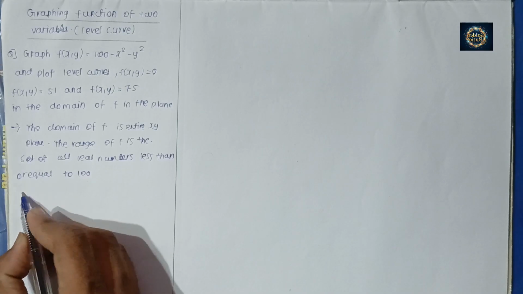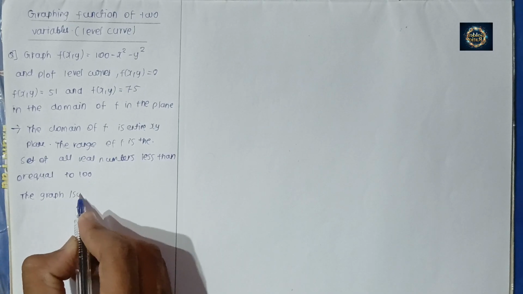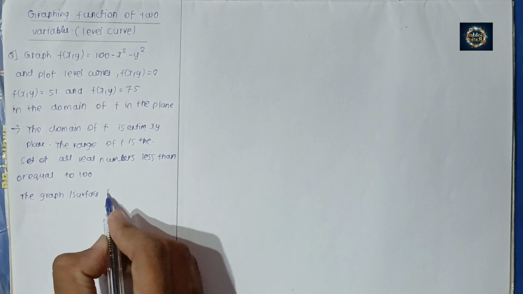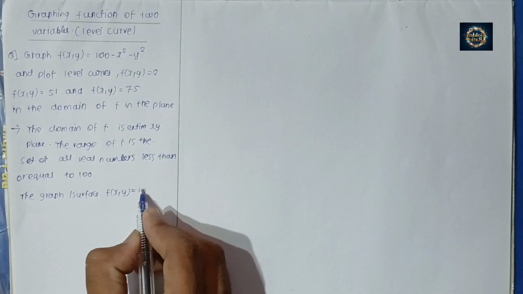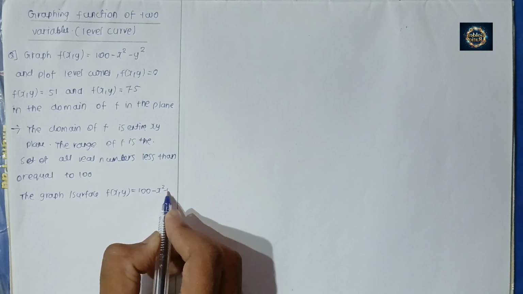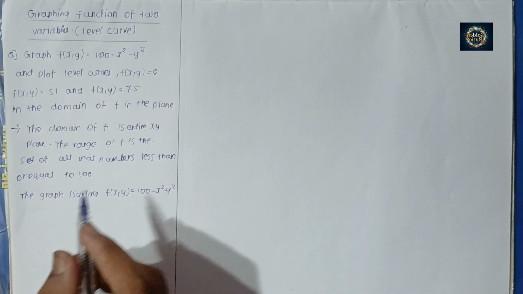So they have given the graph, or it is also called the surface, f(x, y) = 100 - x² - y². They have also given the values of c.